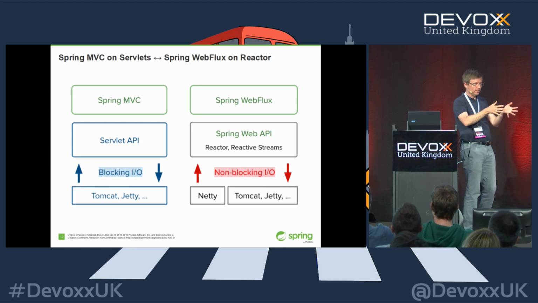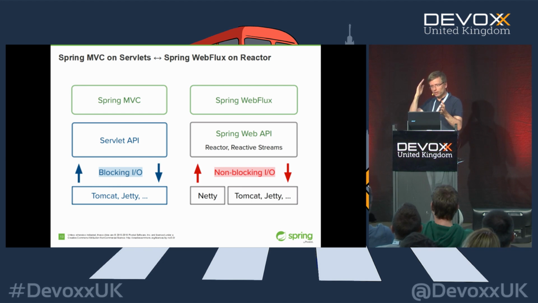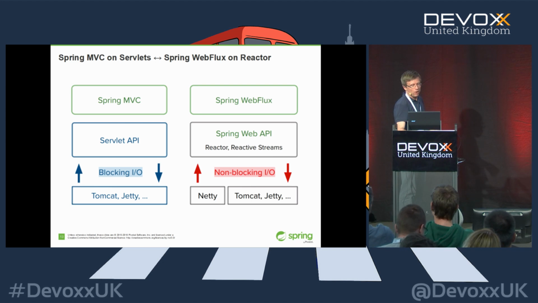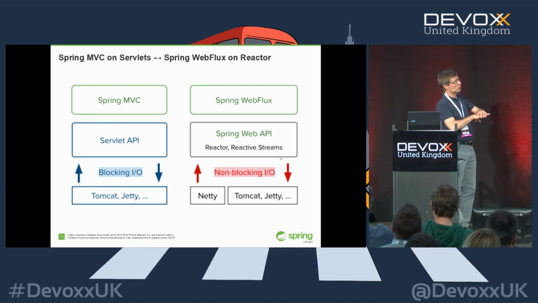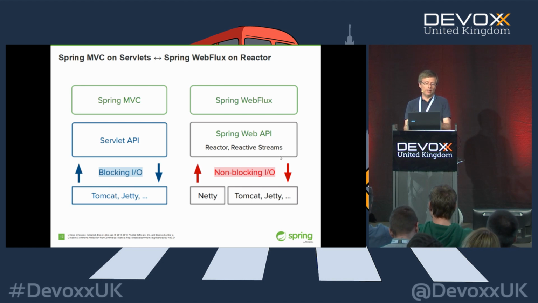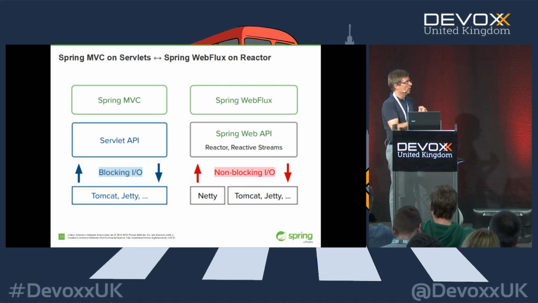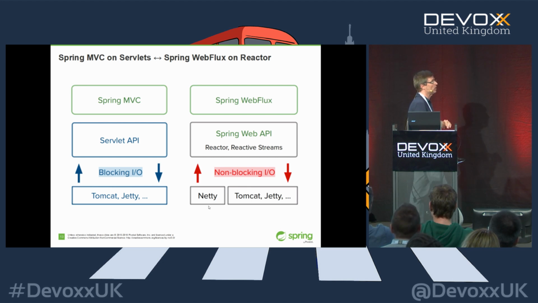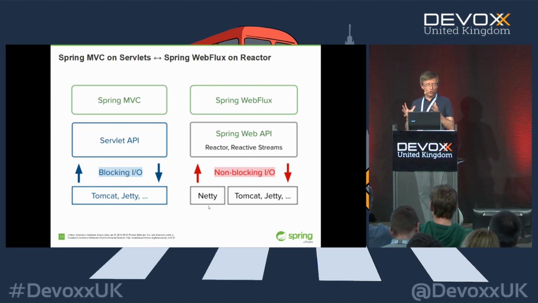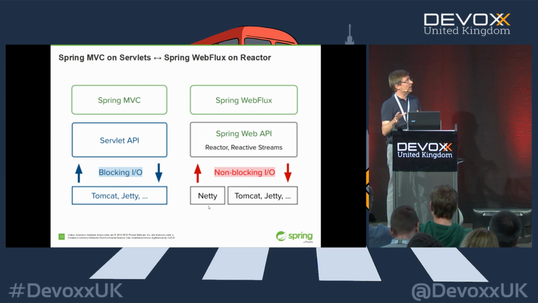Very similarly aligned, strong Spring-style component model, design nature to it, but it's actually based on a totally different abstraction, an abstraction of our own, based on reactive streams, integrating with Project Reactor, which is kind of a tightened-up version of RxJava, and using non-blocking I/O. Non-blocking I/O against Netty as the most powerful network infrastructure we have in the JVM landscape, but also non-blocking I/O potentially against Tomcat and Jetty or Undertow as core HTTP engines.